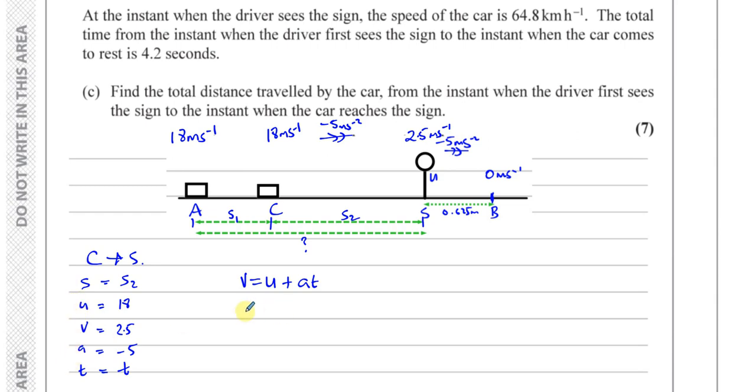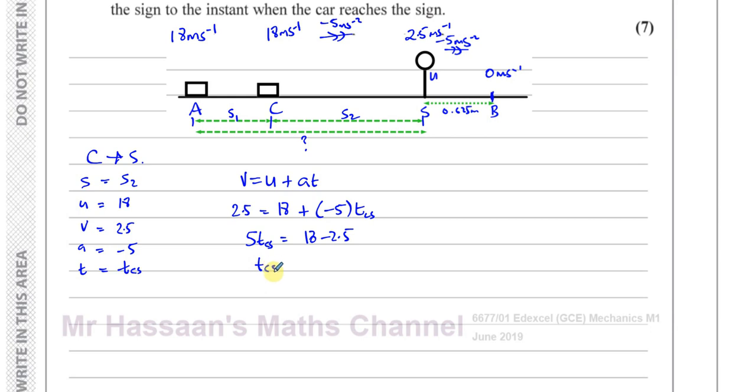I've got these three: V is 2.5, U is 18 and A is -5, and T is what I'm trying to find, the time between C and S. I'll put TCS, the time between C and S. So that's going to give me 5T equals 18 minus 2.5. So I can say the time between C and S is 18 minus 2.5 divided by 5.